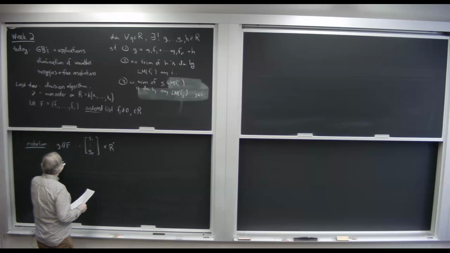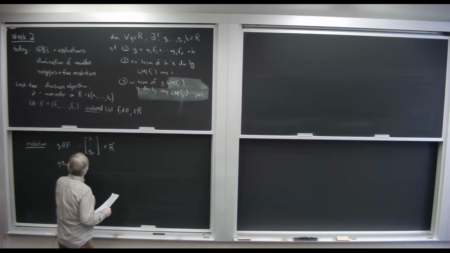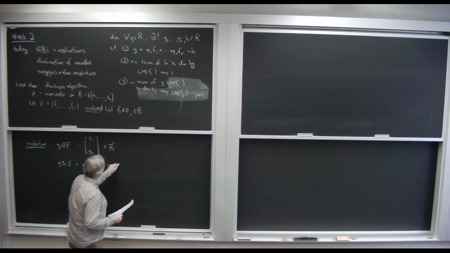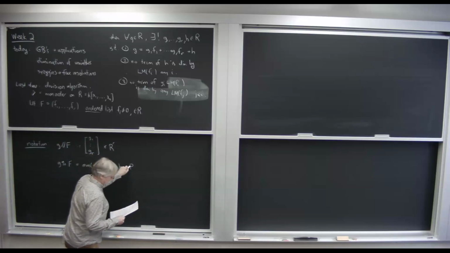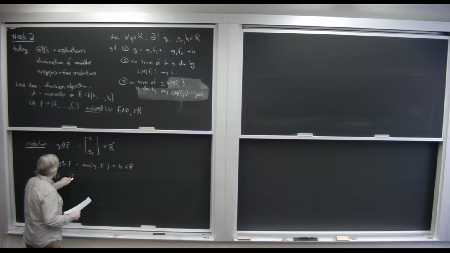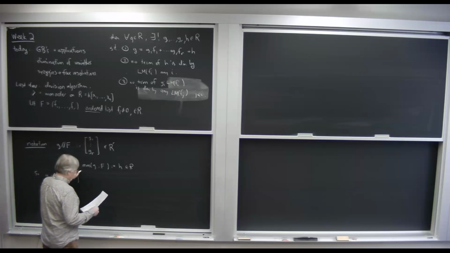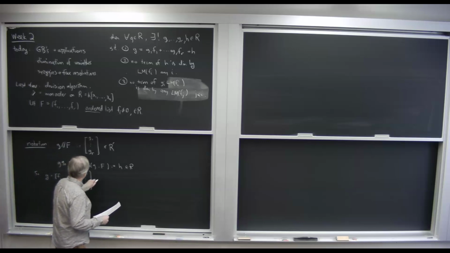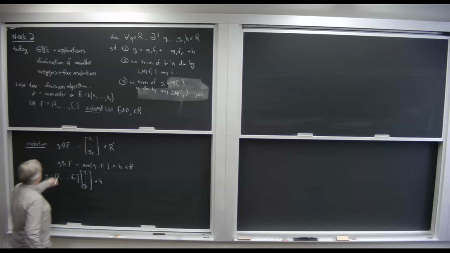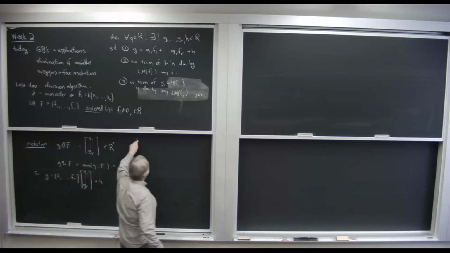And g%F, which is the same thing as the remainder of g with respect to F, is going to equal h. So what we have here is that g is equal to the matrix f1 to fr times the vector g1 to gr, which is this guy, plus the remainder. And that's the form. One way to think about these monomials is the following.